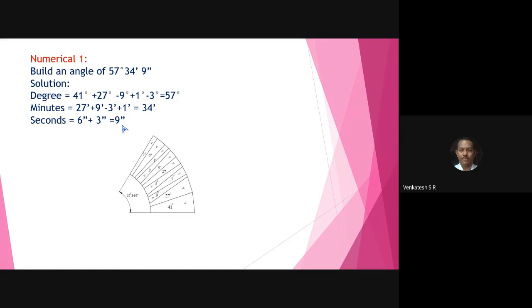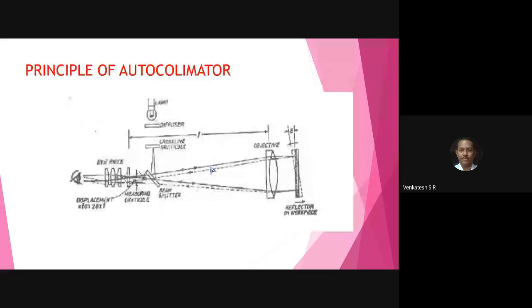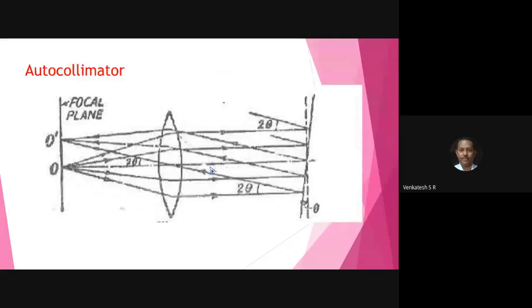You understand while conducting this experiment, but unfortunately you don't have setting of angle gauges in the laboratory, only theory. Next, come to the point, the autocollimator. If you observe here, in the autocollimator there is a light source, a lens and the component.